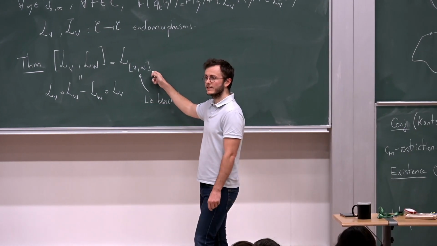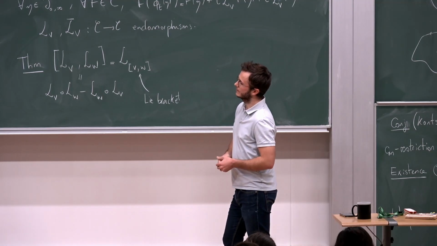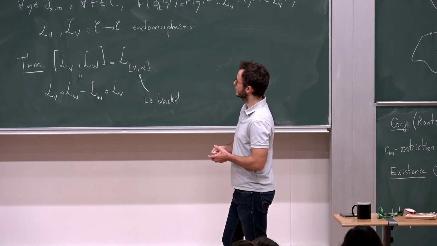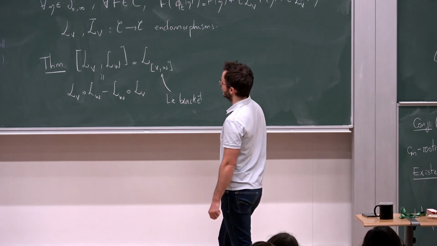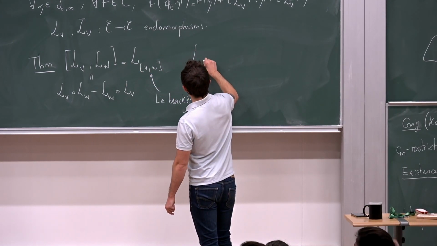So these operators behave very nicely, and this is what we call a representation of our Lie algebra. And the same with the bar ones, and they are commuting.